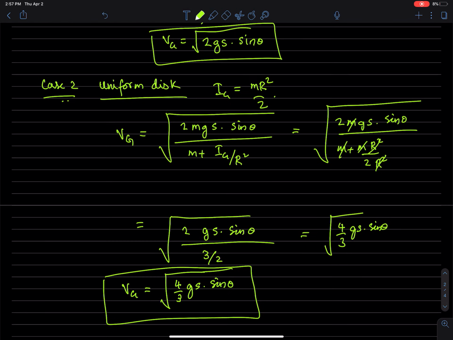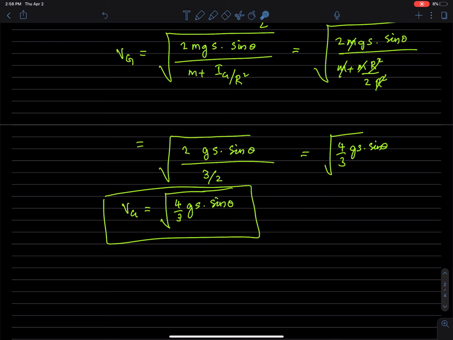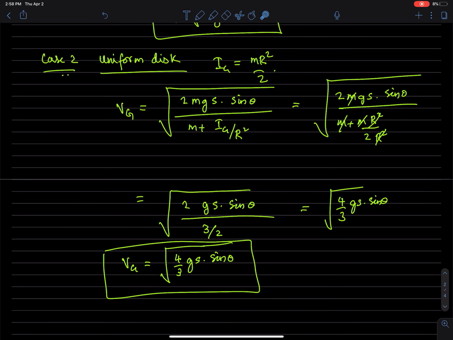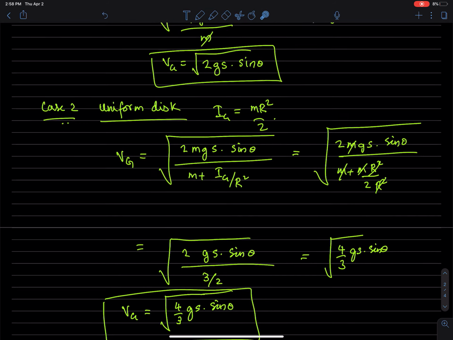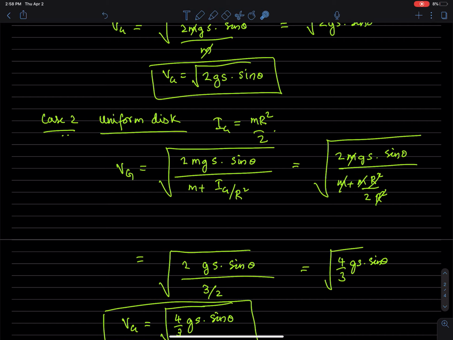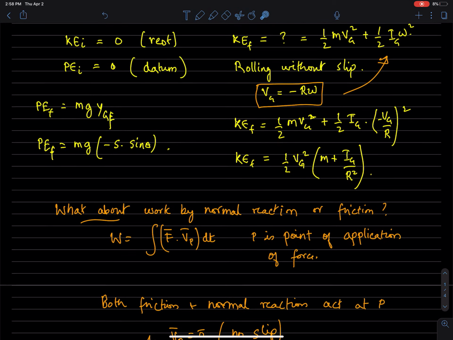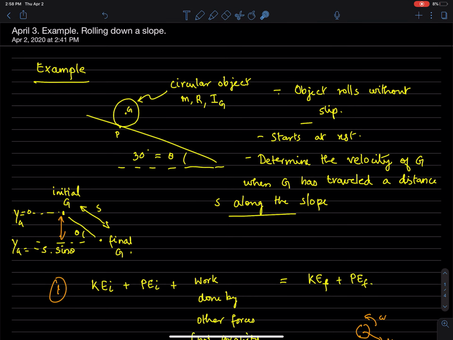So we can compare. If it was a particle, it's square root of 2gs sine theta. If it was a disk, the velocity it acquires for traveling the same distance is 4 over 3. So clearly case 2 acquires lower velocity than case 1. Why is that? Because this object starts at rest at some height and goes down by some height.